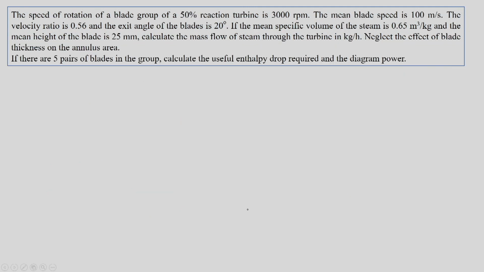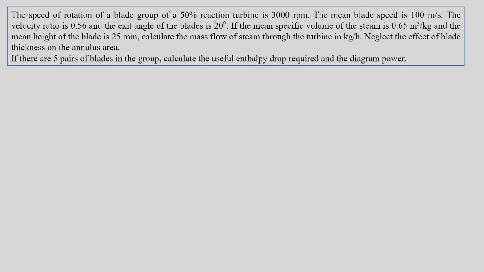Then we will go ahead with the next example, which states that the speed of rotation of the blade group of a 50% reaction turbine is 3000 rpm. Mean blade speed is 100 meter per second. The velocity ratio is 0.56 and the exit angle of the blade is 20 degree.